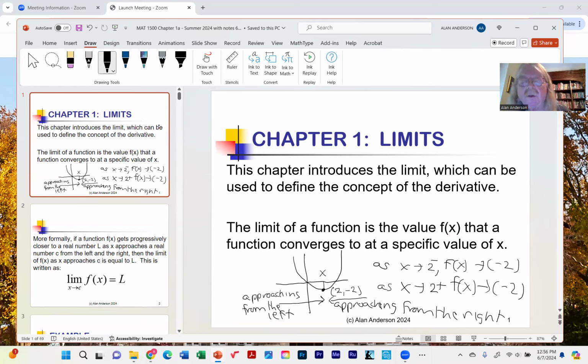And since we're approaching the same point from both directions, we say that the limit of this function as x approaches 2 is -2.